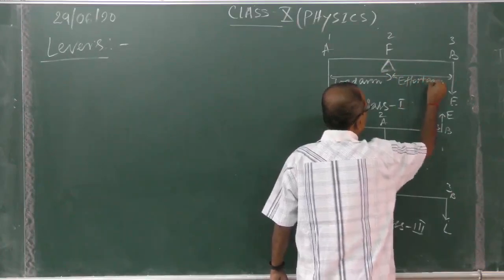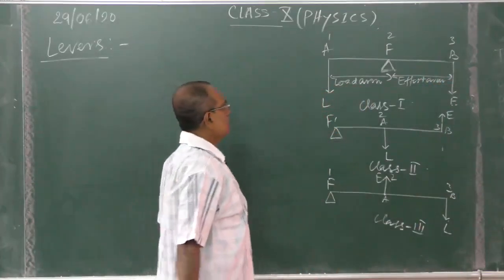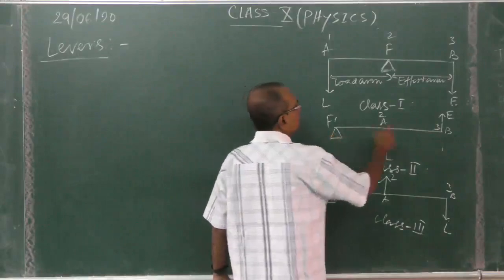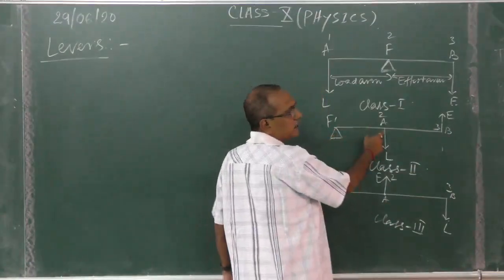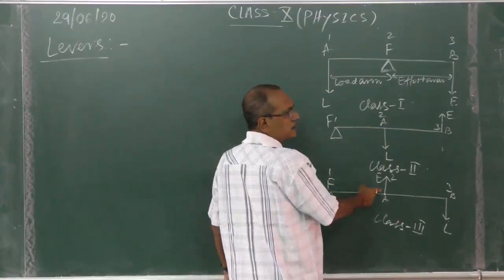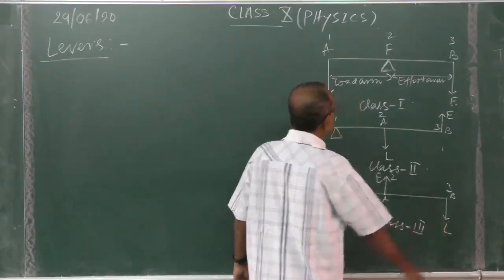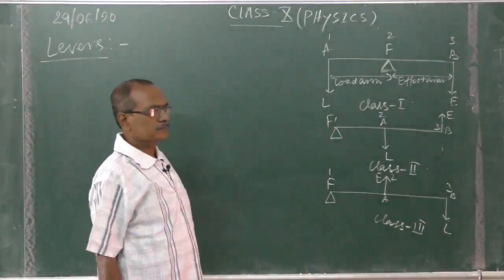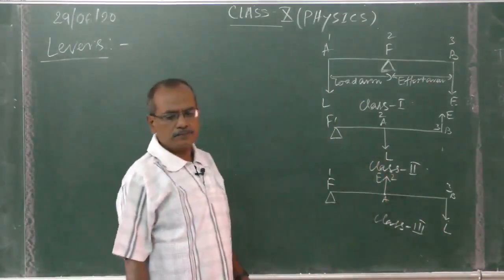These are the perpendicular distances. Here FA is effort arm and FB is load arm. Okay, FB is load arm.